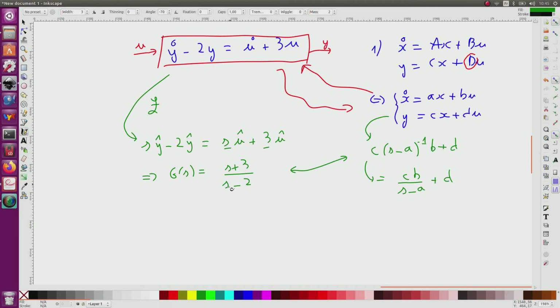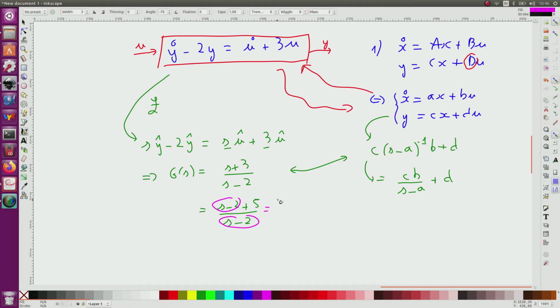I will proceed to identification between this and this. So I will rewrite g of s as s minus 2 plus 5, divided by s minus 2. I did this to make appear the term s minus 2, because it is also in the denominator.